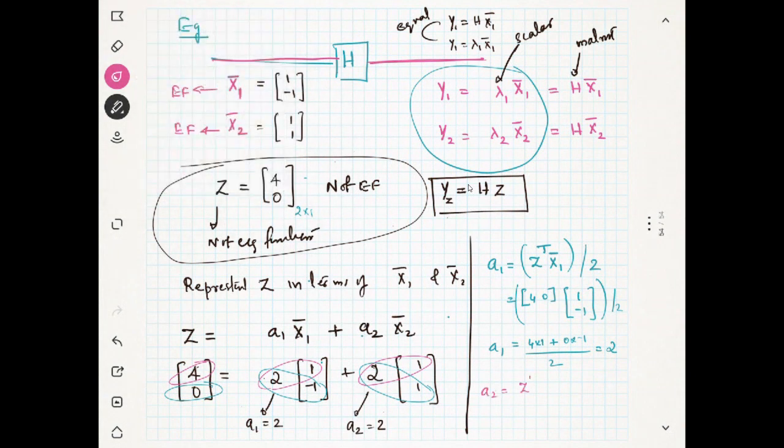You will take your vector z transpose into x2 bar, and you will divide it by 2 because it is the dimension. It will be 4, 0 times 1, 1, divided by 2. Again, you will get a2 equal to 2. This is the method to find it.